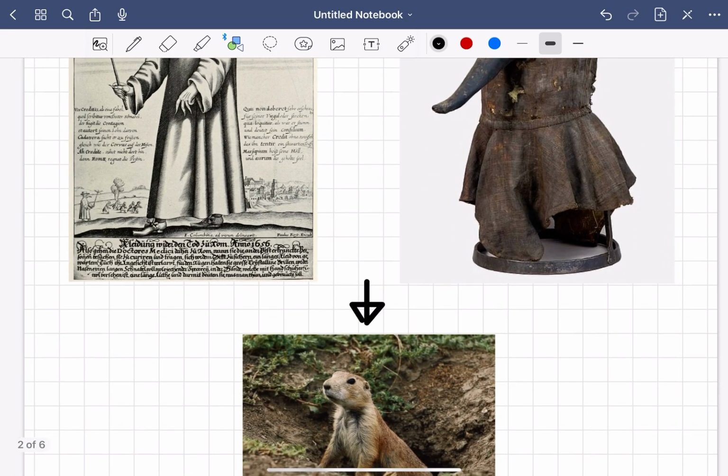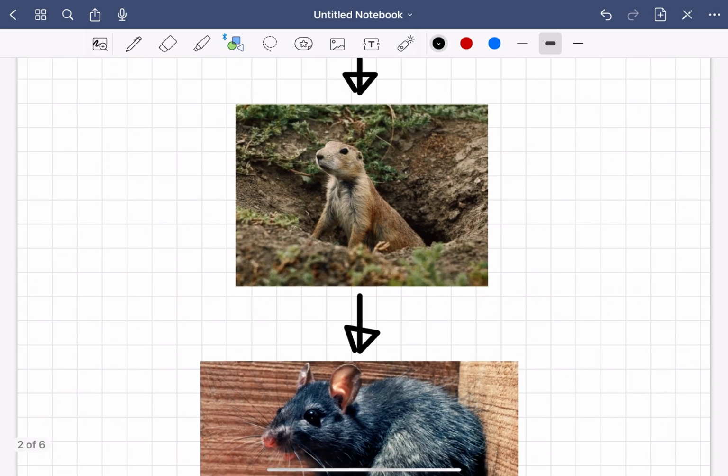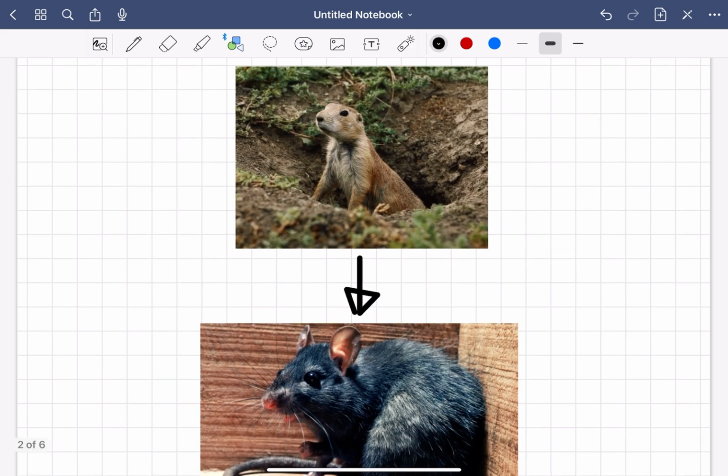So, moving on to what causes the plague, these are typically small rodents such as mice and groundhogs. The reason why they carry the plague and not die from it is because they have adapted to not get sick from it.